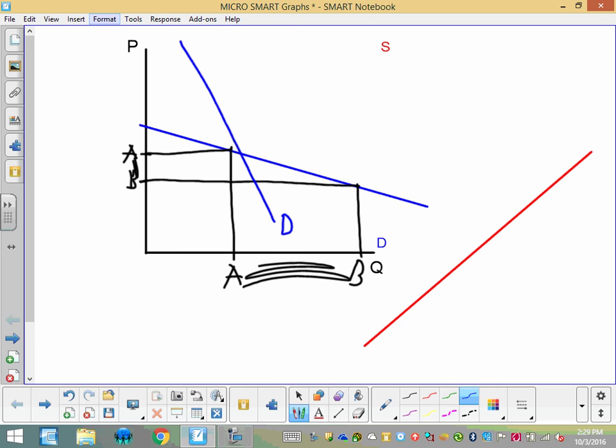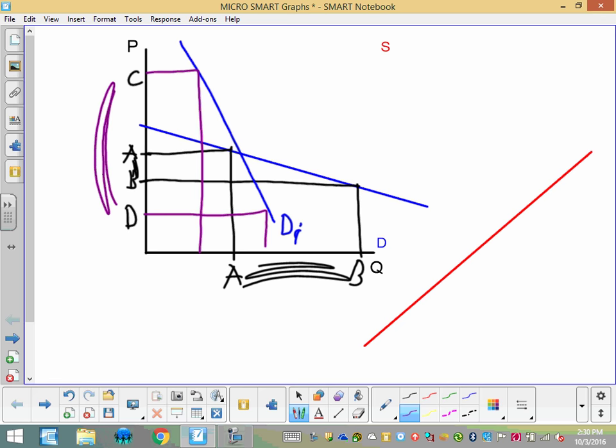However, an inelastic curve would be one that would look like this. Here, I'll put D, inelastic, which means I can change from C to D, which is a big change. However, the quantity demanded here, or the price change is big, but the quantity demanded is much smaller. So that would be more inelastic.